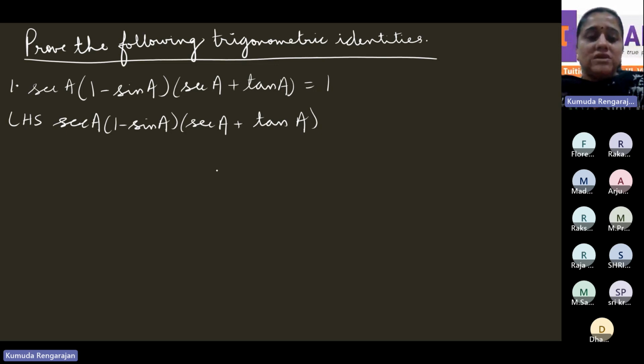It's an equation, so you either take up the left hand side or the right hand side. You work that and arrive at the other side. Here we take up the left hand side, we do something, and finally we get 1 as the result. That means you've got the RHS, that means LHS is equal to RHS and hence the identity is proved. Yes or no, children?